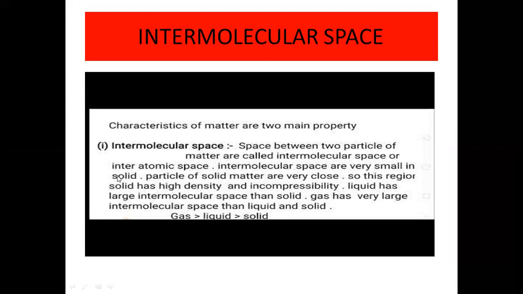So the particles of solid matter are very close. This is why solids have high density and incompressibility, because there is almost no space between the molecules.